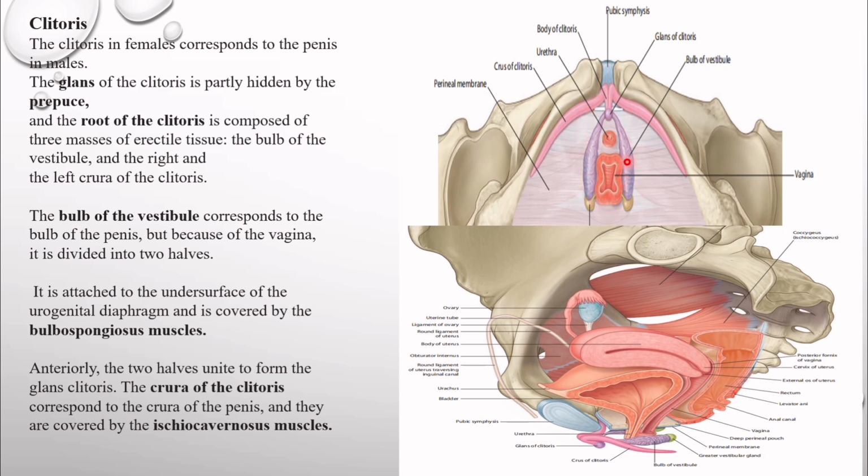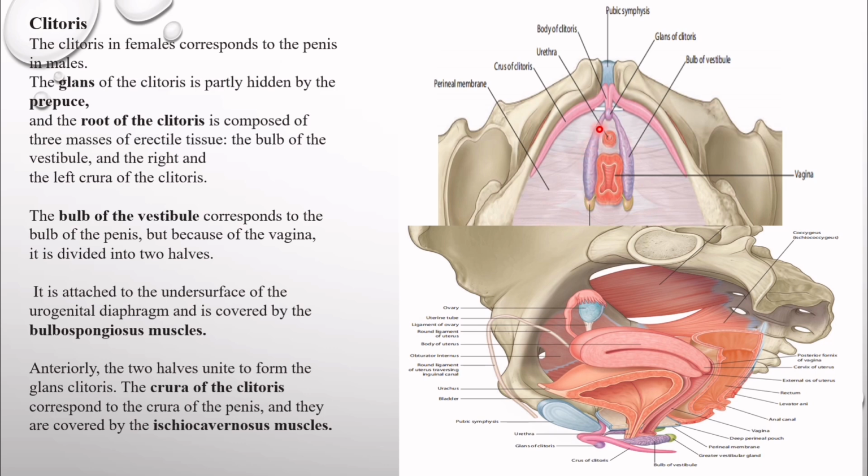So the bulb is covered by the bulbospongiosus muscle, under the urogenital diaphragm, or the perineal membrane, which you can see here. Then the crura are covered by the ischiocavernosus, just similar to what we talked about in males, right?